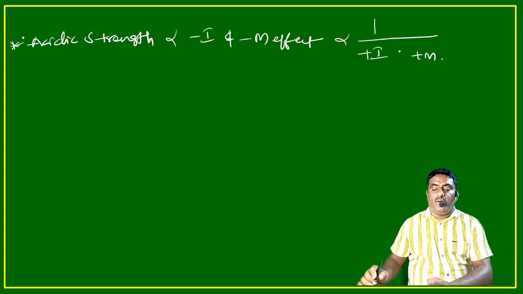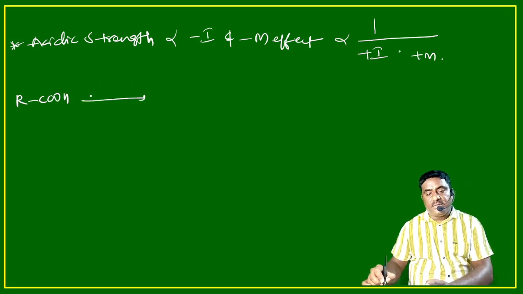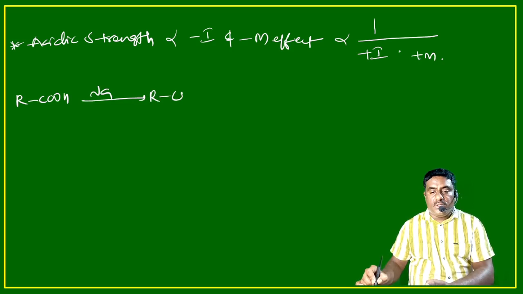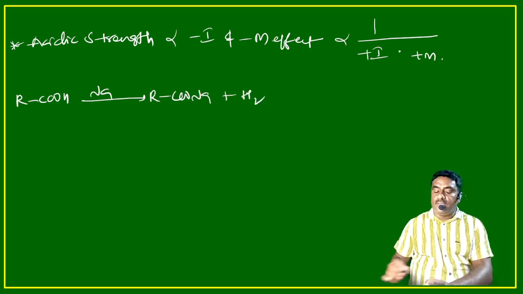Carboxylic acid, RCOOH, in the presence of sodium metal forms RCOONa and produces H2 gas.